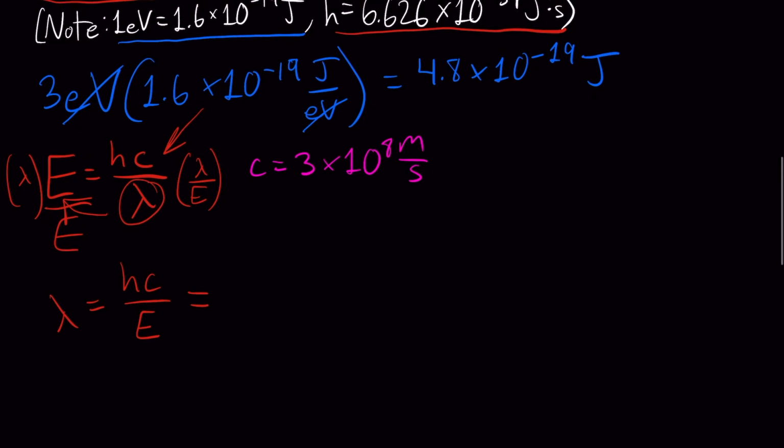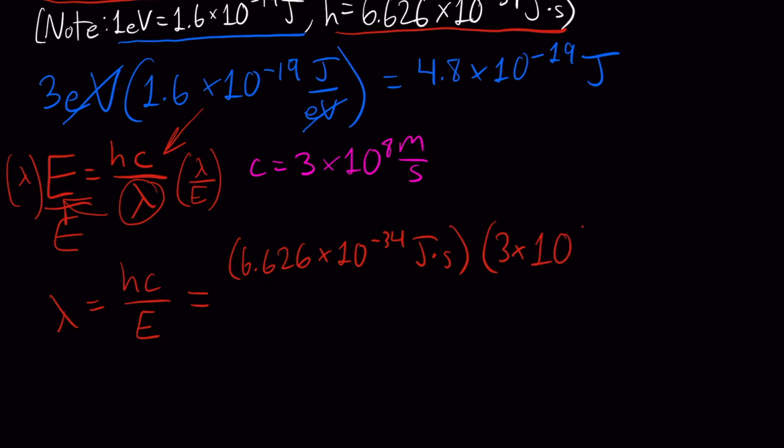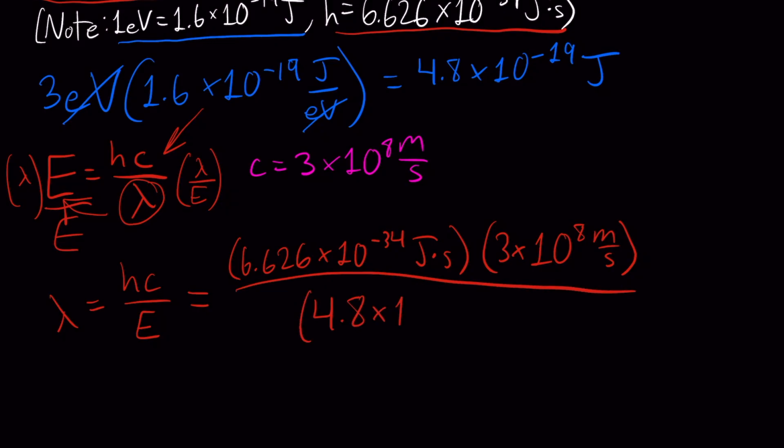So we got 6.626 times 10 to the negative 34 joules times seconds times 3 times 10 to the 8th meters per second, all over 4.8 times 10 to the negative 19 joules.